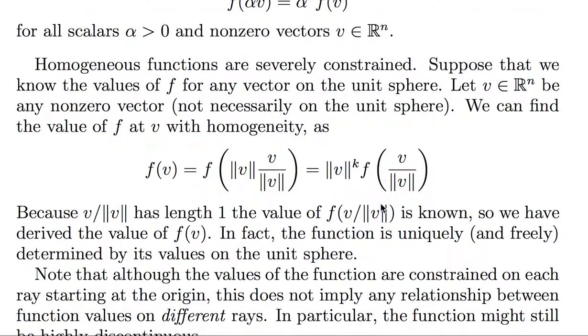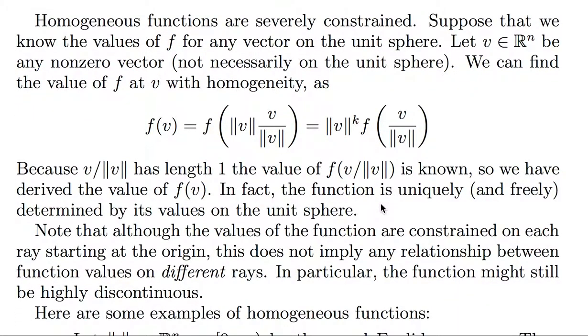Homogeneous functions are severely constrained. Suppose that we know the values of f for any vector on the unit sphere. Let v in R^n be any non-zero vector, not necessarily on the unit sphere.